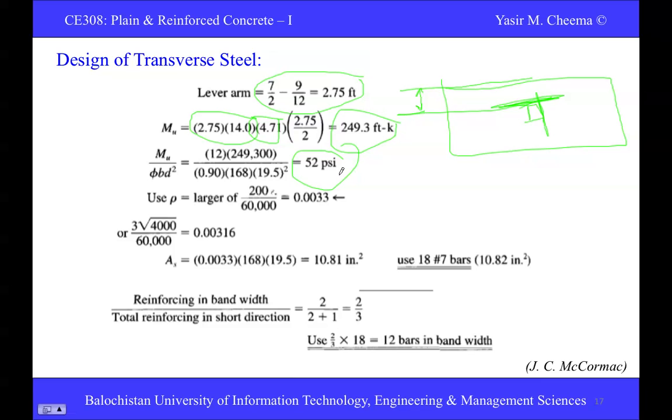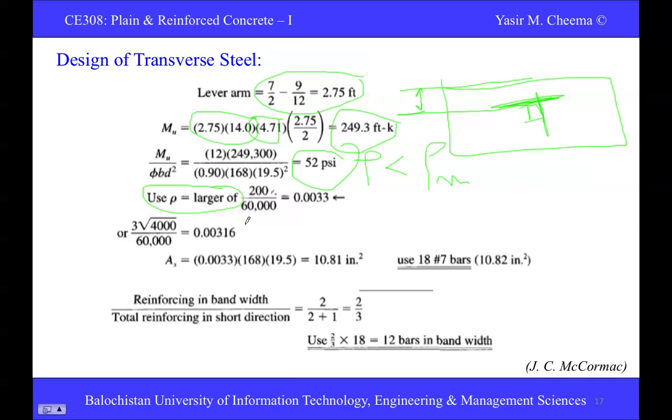Now here is again the same point. Use the larger one. Actually, when we determine using this one, the rho value comes to be less than rho minimum for flexure. So here it is recommended to use the larger of 200 over Fy or 3 times square root of Fc prime over Fy.